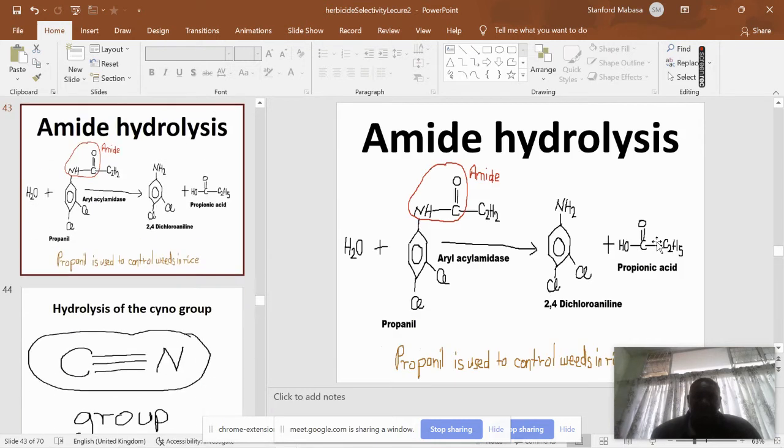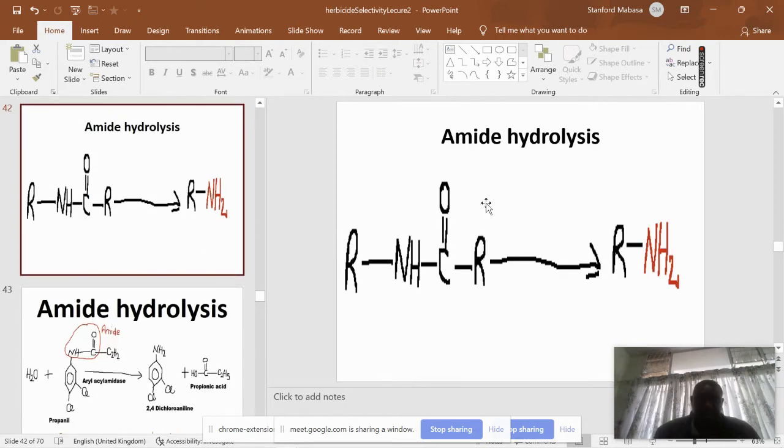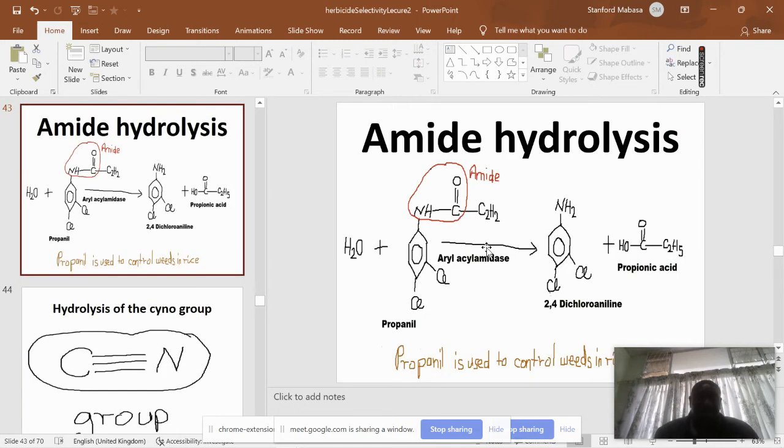And we can apply it to a real herbicide, propanil, which has got this amide, which can be broken down to NH2. What is important is to be able to recognize these key structures, and you can tell what can happen to the herbicide.